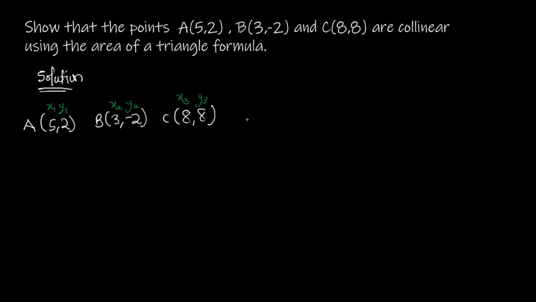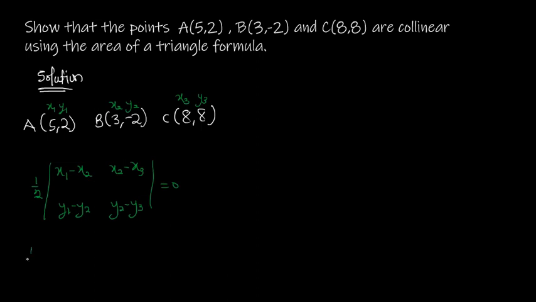And so I know that if points A, B, and C are collinear, and I'm using the area of the triangle formula, it means that half times x1 minus x2, x2 minus x3, y1 minus y2, y2 minus y3 should be equal to 0.